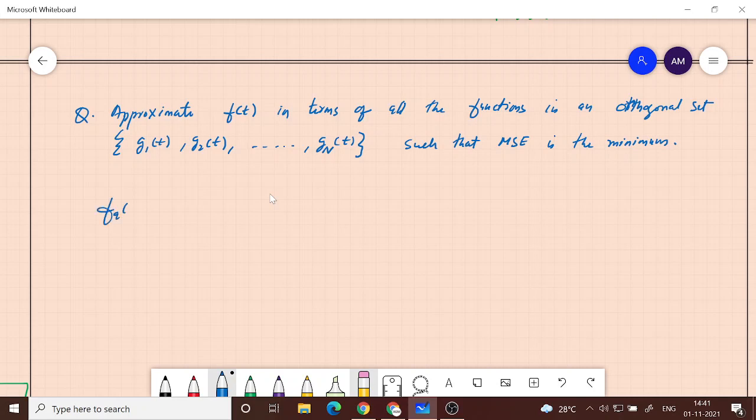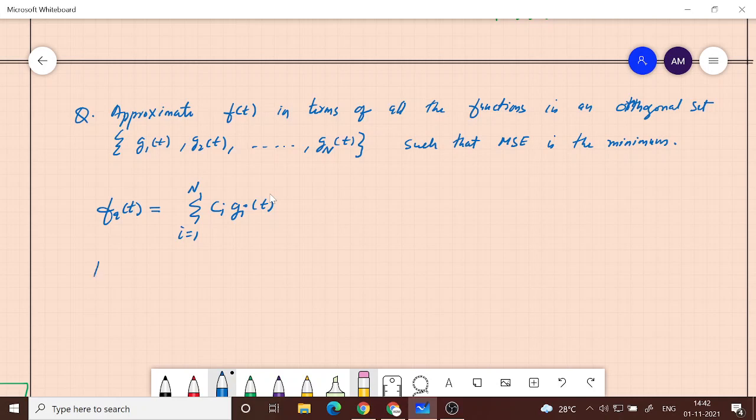So let me write the approximation. f_a of t, the approximate signal, I am going to now write as sigma Ci Gi of t, where i goes from 1 to n. Earlier there was only one function, so we had one constant. Now we have n functions and there are n constants in the approximation.